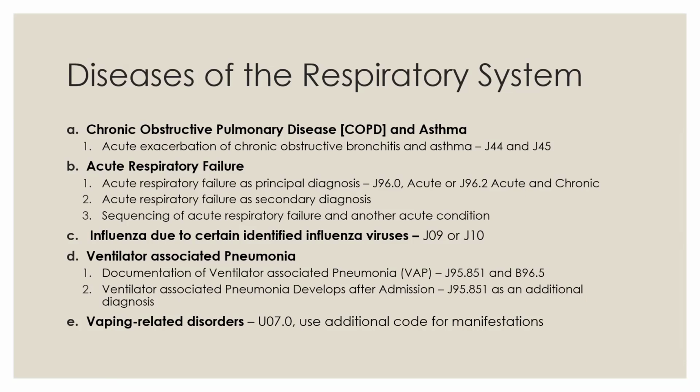Now, for acute respiratory failure as a principal diagnosis, a code from subcategory J96.0 for acute respiratory failure or subcategory J96.2 for acute and chronic respiratory failure may be assigned as the principal diagnosis when the condition is established after study to be chiefly responsible for occasioning the admission to the hospital, and the selection is supported by the alphabetic index and tabular list.